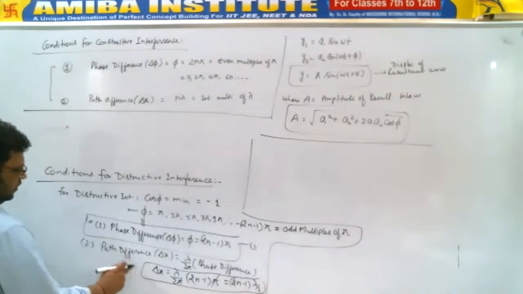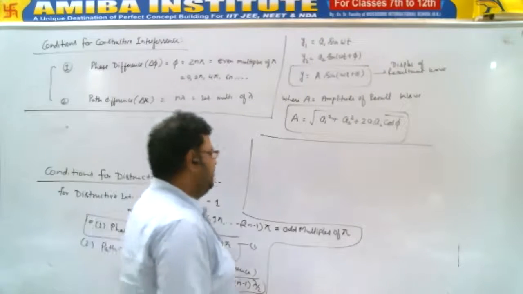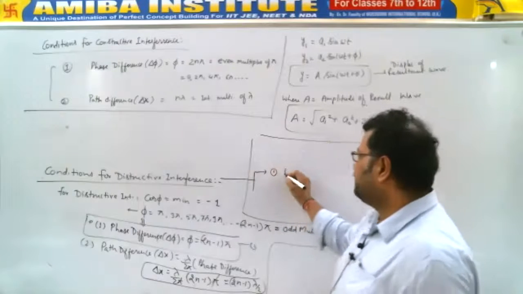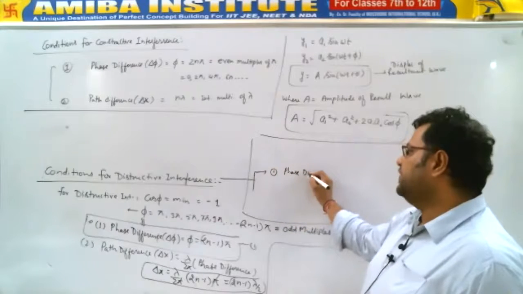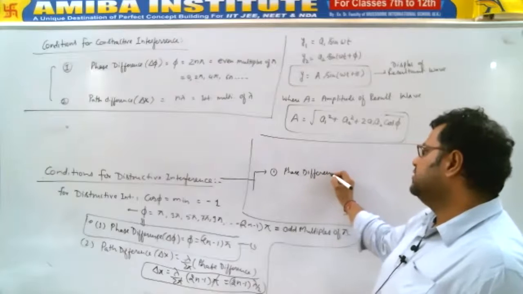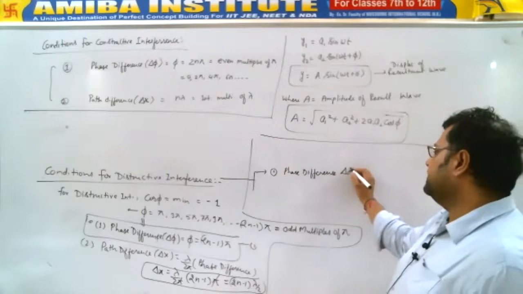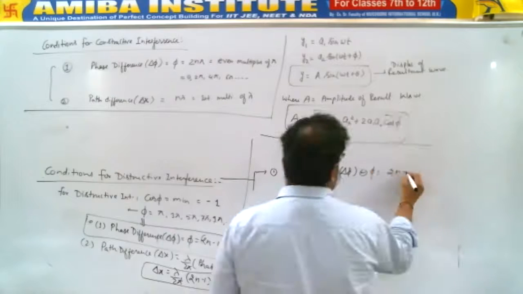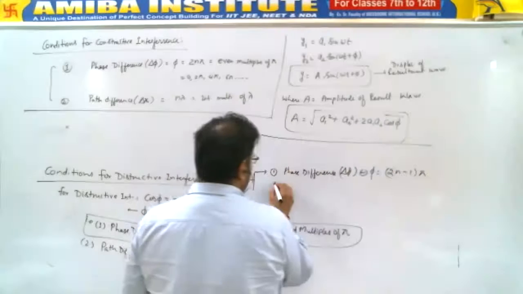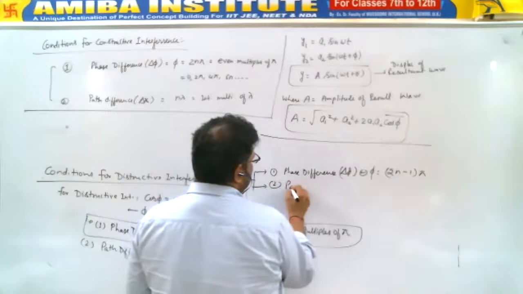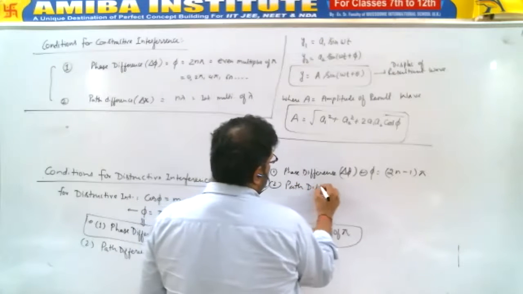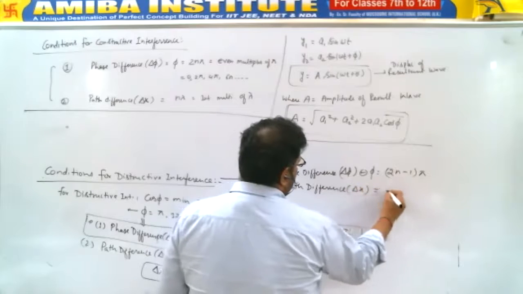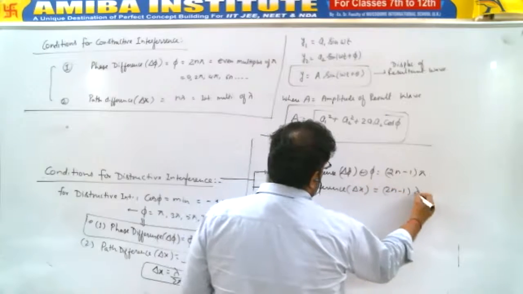Condition number 2. That means for destructive interference, there should be two conditions. First, phase difference delta phi should be odd multiples of pi, and path difference delta x should be equal to 2n minus 1 lambda by 2.